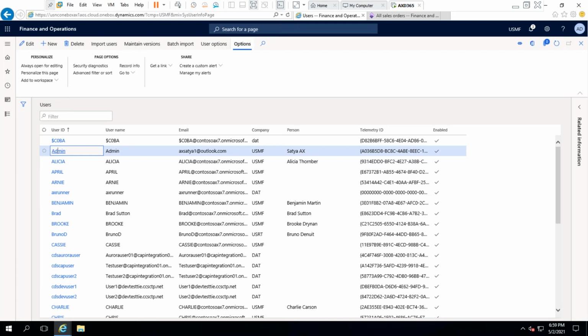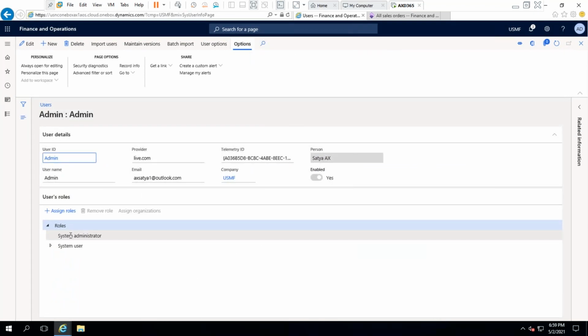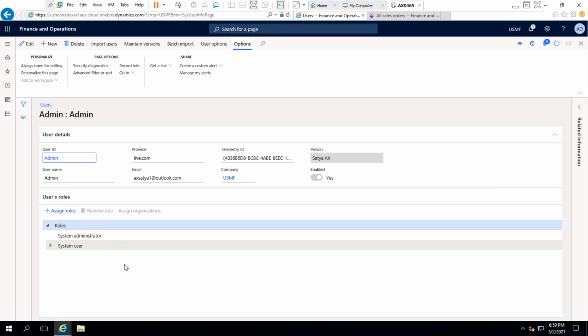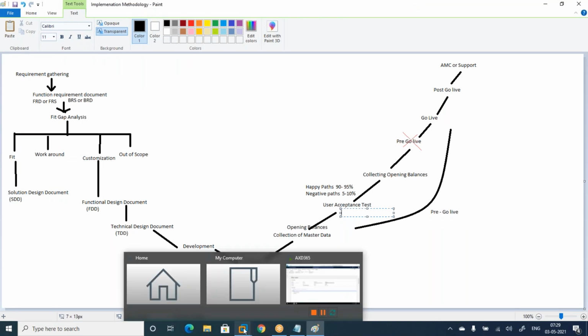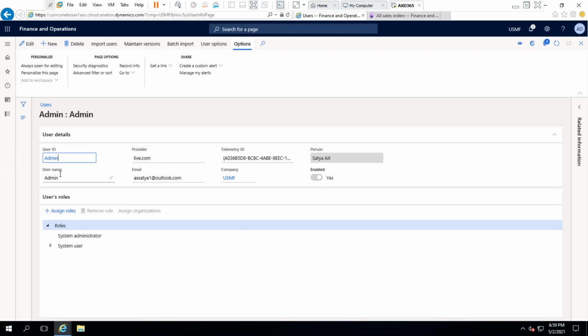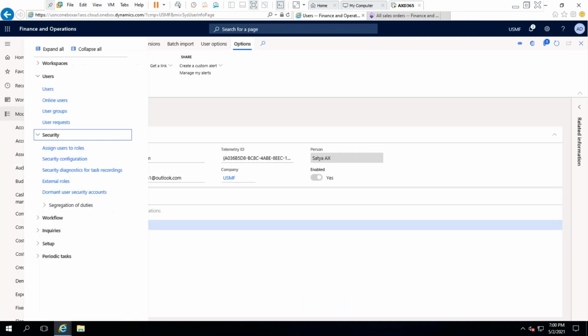That is the reason we are able to access everything: this is a system administrator role. In the system administrator role there will not be anything specific, it will be all. But for any other user, you can give permissions.